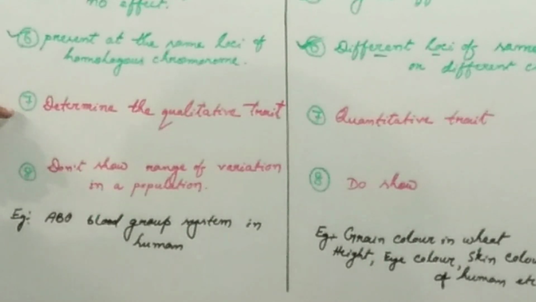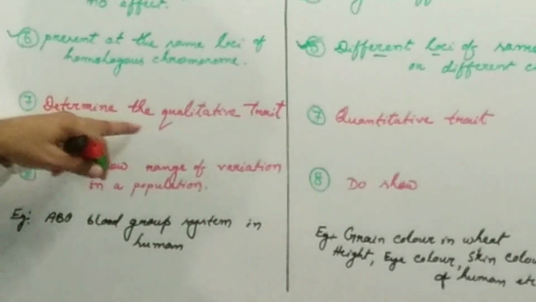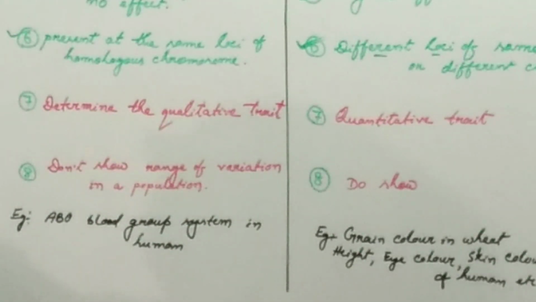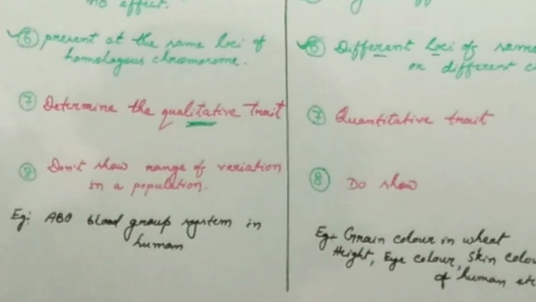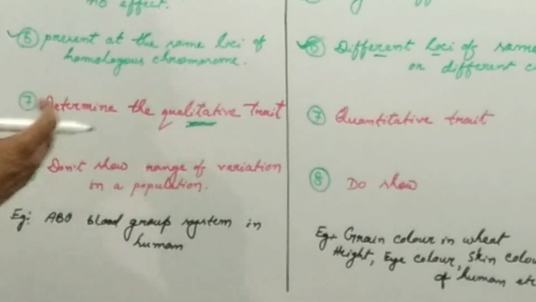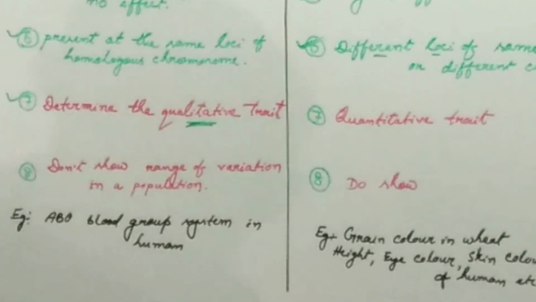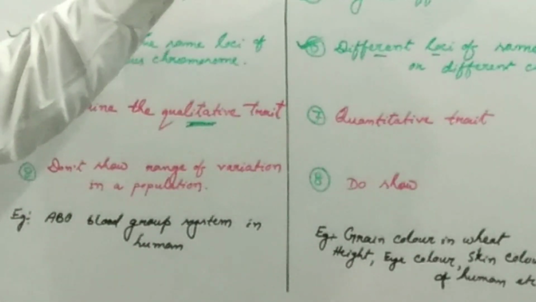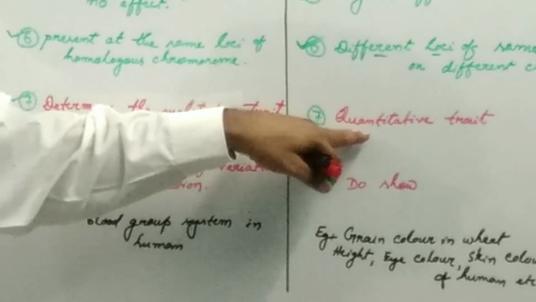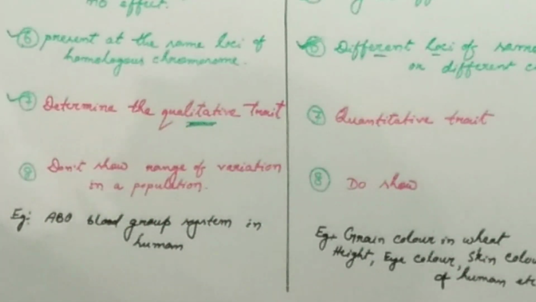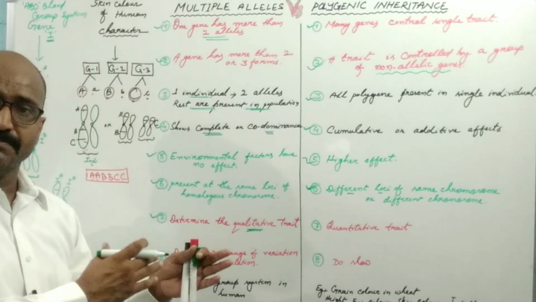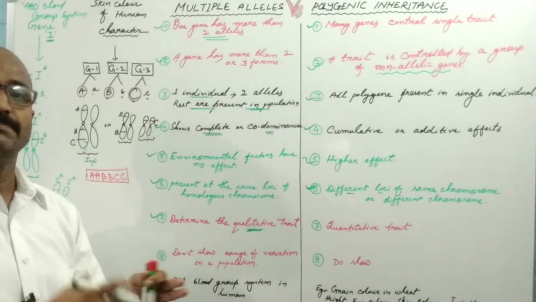Now come to the 7th point. Determine the qualitative trait. The ABO blood group system determines a qualitative trait. One is blood group A, another is AB, another is O. This is qualitative. But traits like the height of humans and the skin color of humans are quantitative traits, which may be measured by a quantitative parameter.